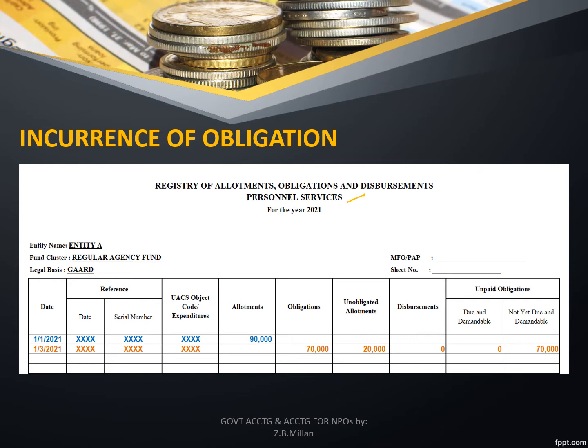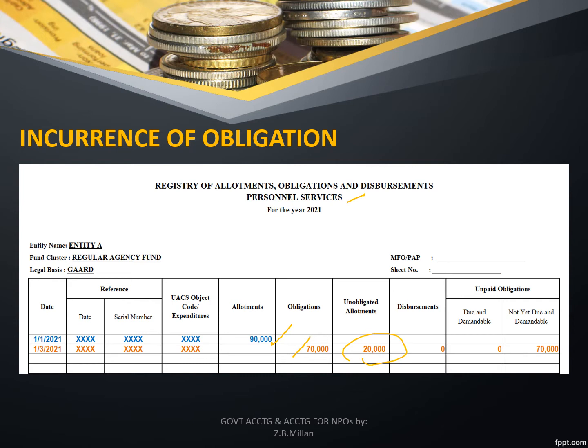So, how do we record the incurrence of obligation in the RAOD for personal services? Lagay lang natin siya sa obligations column and then get the difference of the allotment from the obligation, and meron tayong unobligated allotment amounting to 20,000.